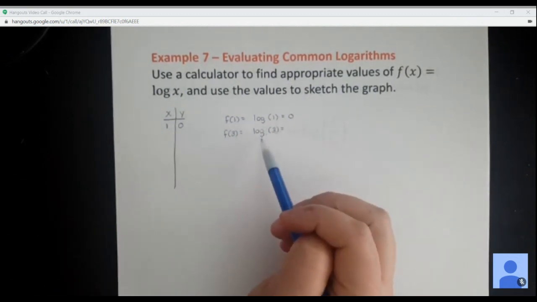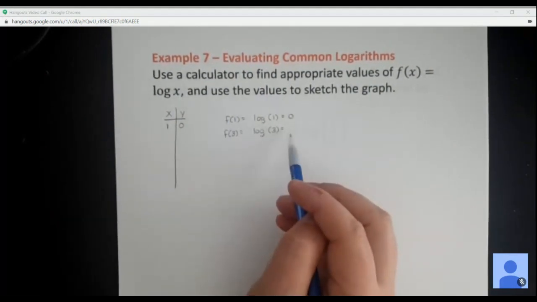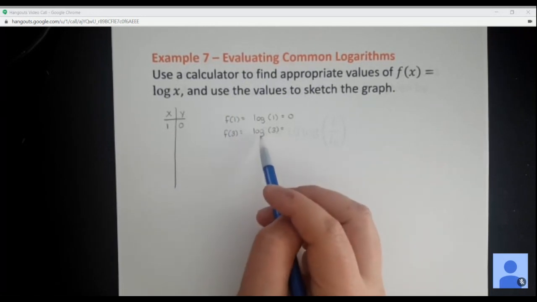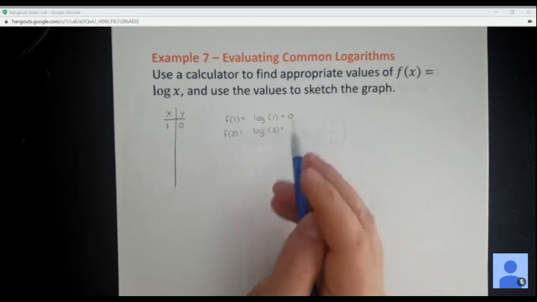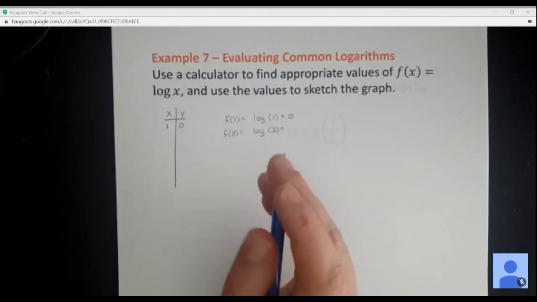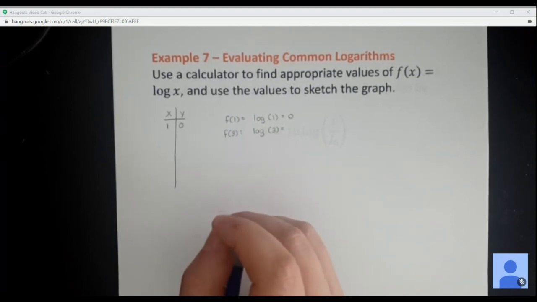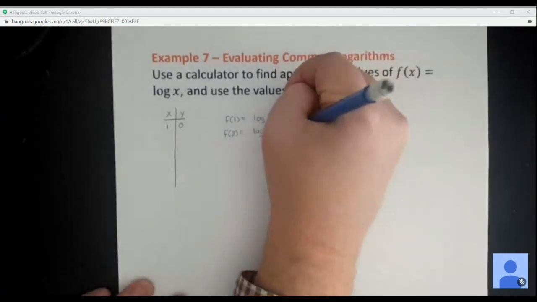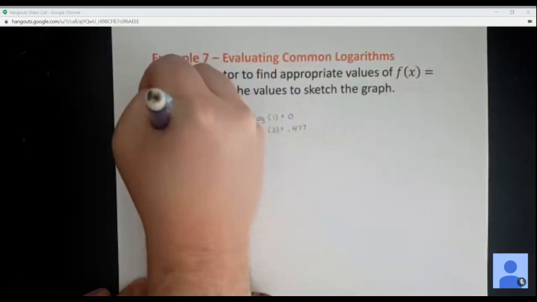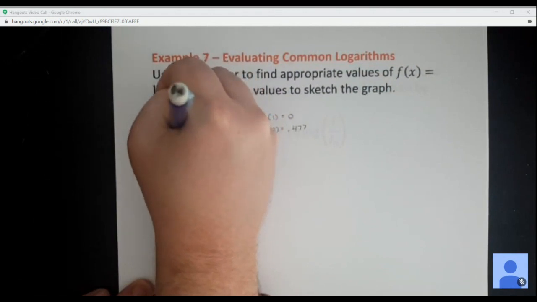But because we're using a common log, we can use our calculator to get a decimal approximation. On your calculator, find your log key and do the log of 3 and see what decimal value we get. Okay, 0.477. So for 3, we have the decimal value 0.477.